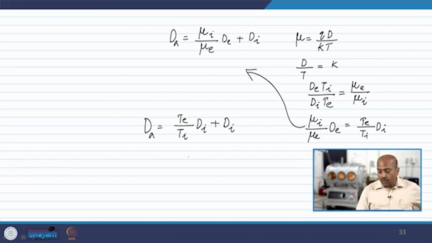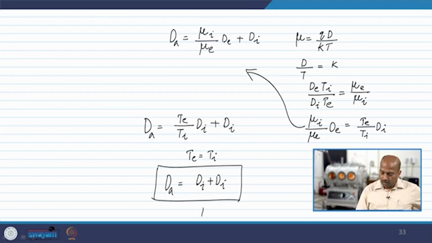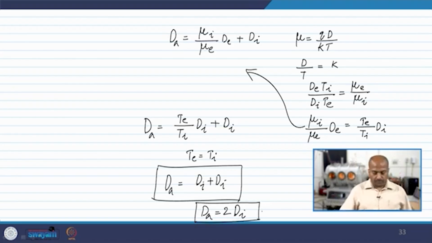Now, in a situation when the electron temperature is equal to the ion temperature, the ambipolar diffusion coefficient dA simply becomes dI plus dI, or dA is twice the diffusion coefficient of ion. So, now we can summarize all these things.